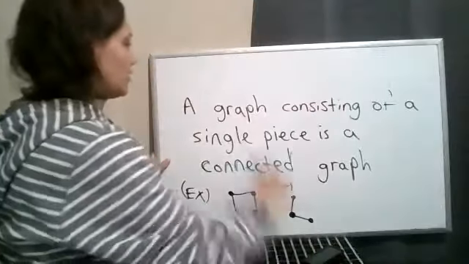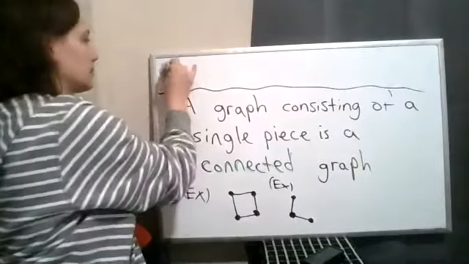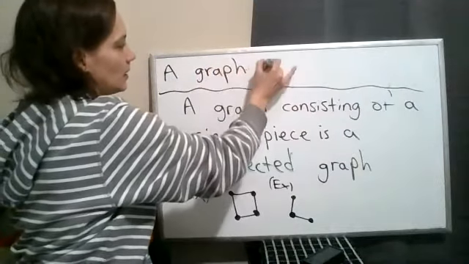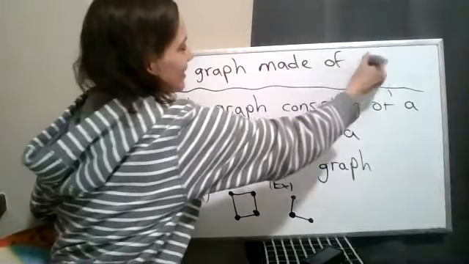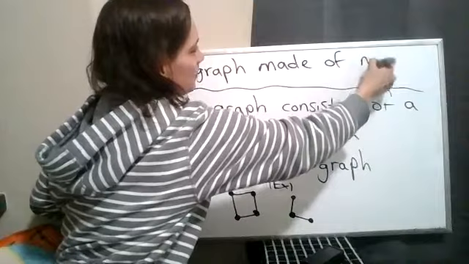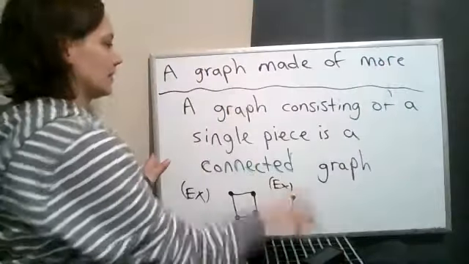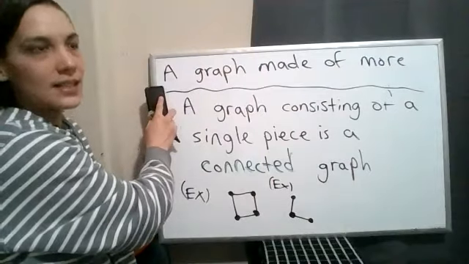So a graph made of more than one piece or component is disconnected.